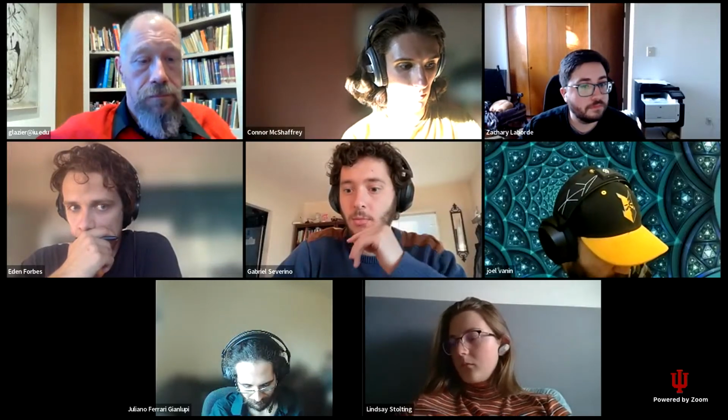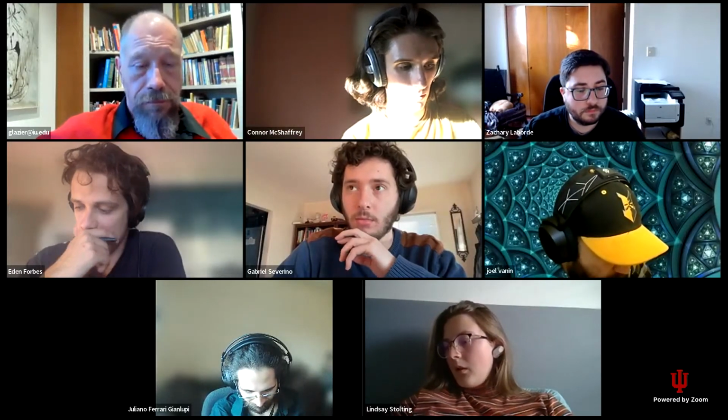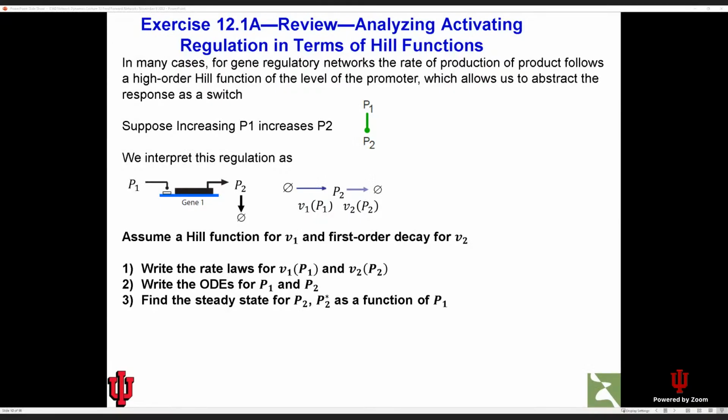Yeah, that'll be best. But for the first one, I could say that V1 is Vmax times P1 raised to the Hill exponent, let's call it N, divided by the half maximal concentration, could call it gamma, raised to N plus P1 to the N. Similarly for V2, I have Vmax negative times P2.